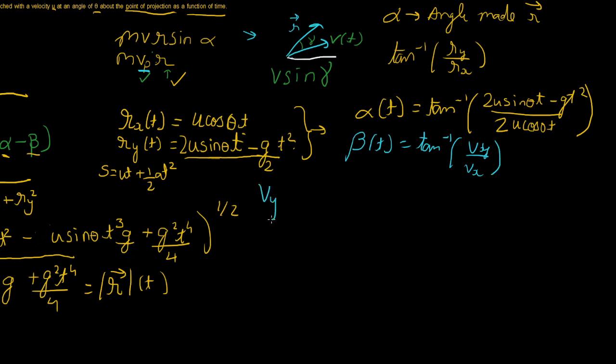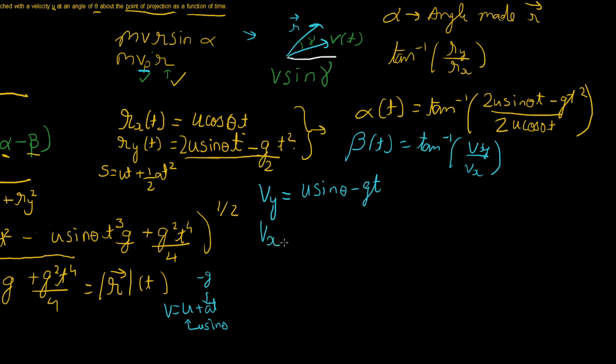We know that v is equal to u plus at. Here u is u sine theta, the perpendicular component of the velocity, and a is minus g as it is acting against the velocity. So we get Vy equal to u sine theta minus gt.